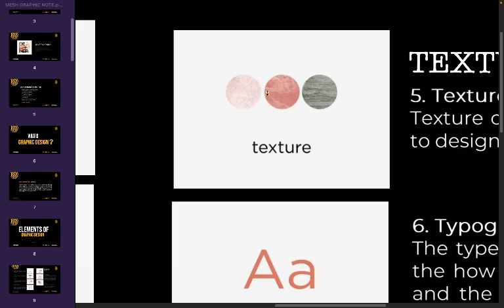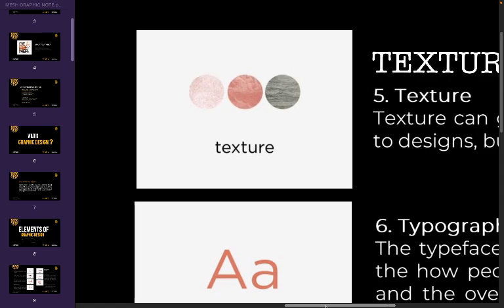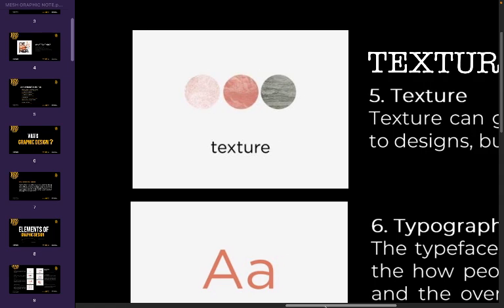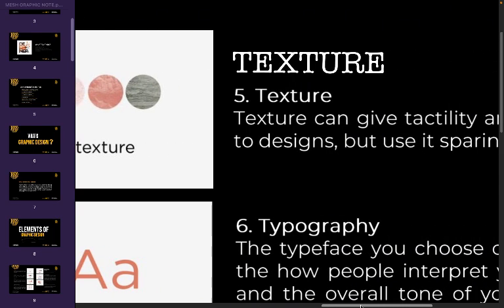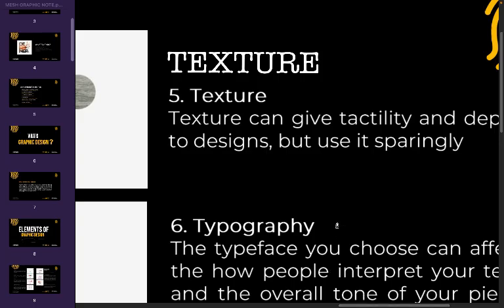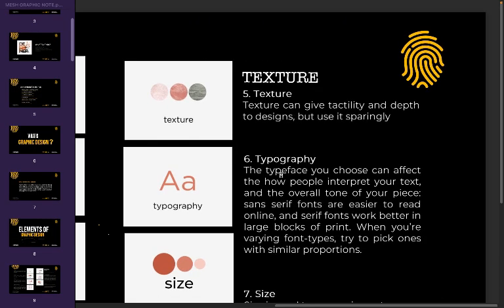It shouldn't be too focused on because it will be too loud. You should use it small, sparingly, so that you just give that little vibe to your work or a little tactile feel or depth to your design. It's not basically for more action.